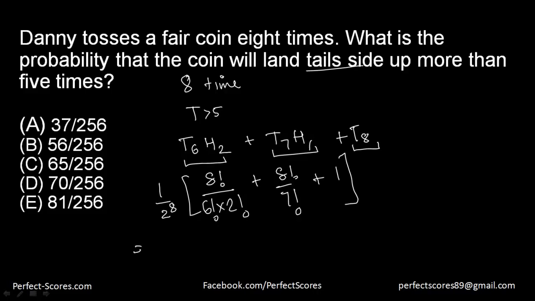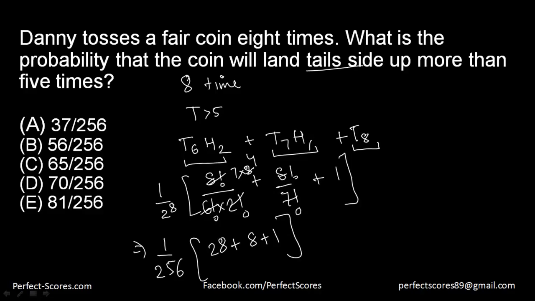So if I calculate this again, it's 1 by 256 into, this is gonna cut this at 7 into 8, and this is gonna cut this at 4. So this would be 28 plus 8 plus 1. What is 28 plus 9? That is gonna be equal to 37 divided by 256, which is actually my answer, answer option A.